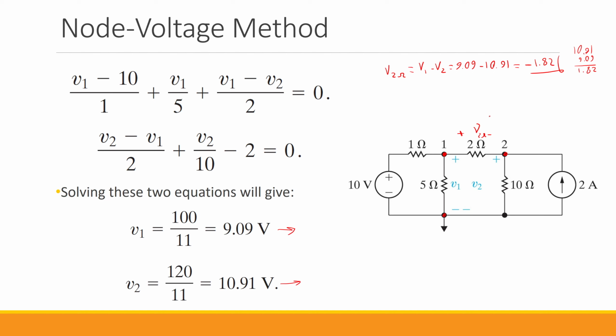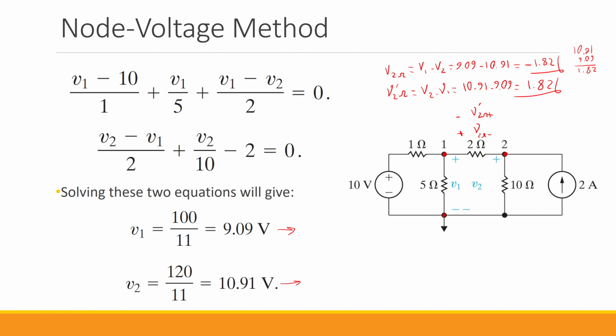What if we said, okay, the polarity was different, was in this direction? Let's just call it V2 ohm prime. So V2 ohm prime now equals V2 minus V1, which is 10.91 minus 9.09, or 1.82.